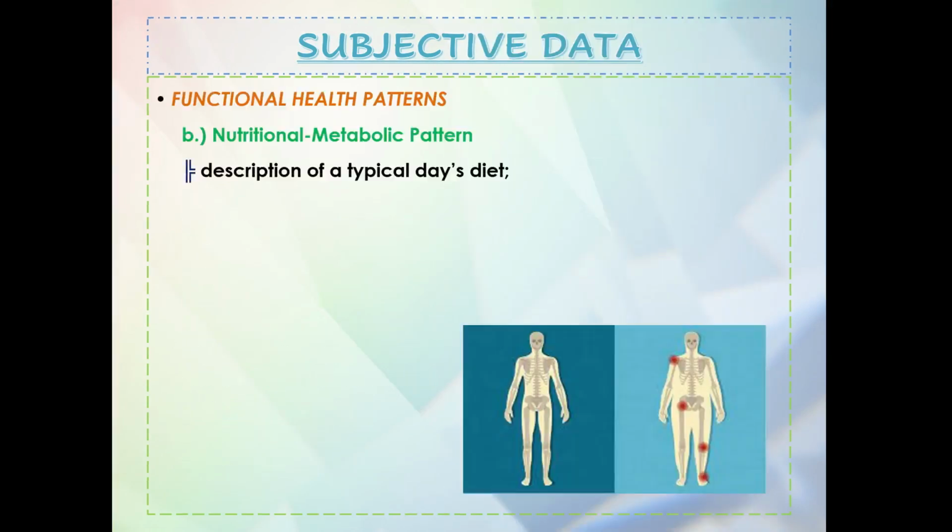Okay, so the next one is a nutritional metabolic pattern. So this is another area in the functional health patterns of Gordon. So dito, it's a description of a typical day's diet. So tinatanong lang natin sa ating pasyente or kliyente, ano yung mga kinakain niya daily.